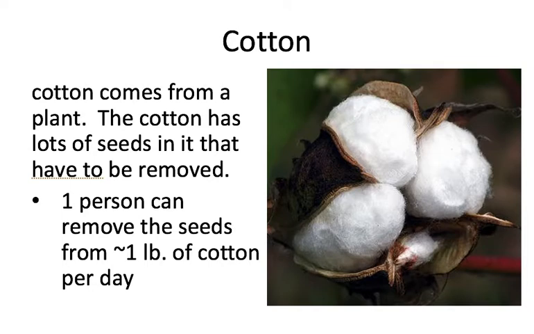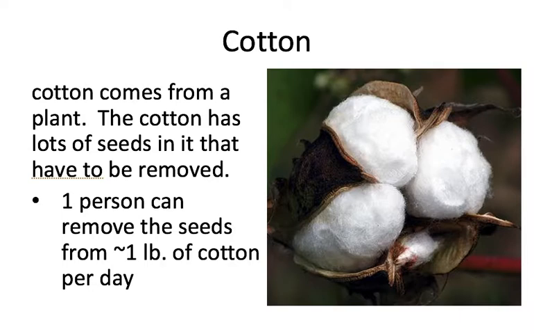And cotton, the cotton plant, the white stuff is very fluffy, but it has lots of seeds in it. And originally, in order to get out those seeds, you'd have to have somebody pick out by hand all the little tiny seeds inside the cotton plant.